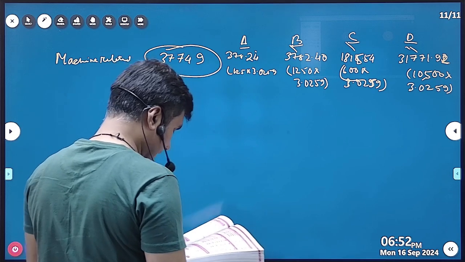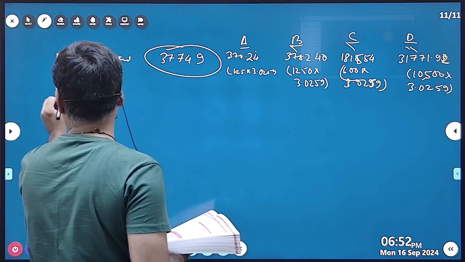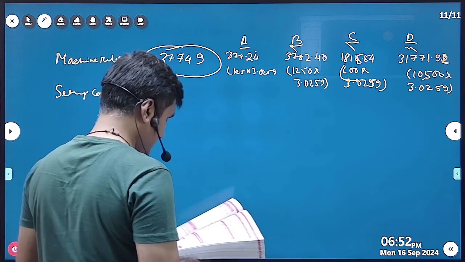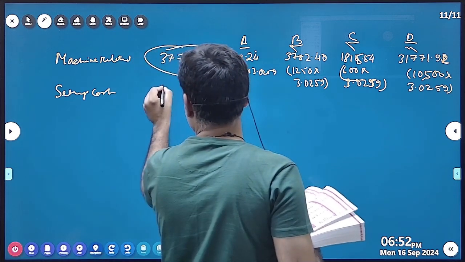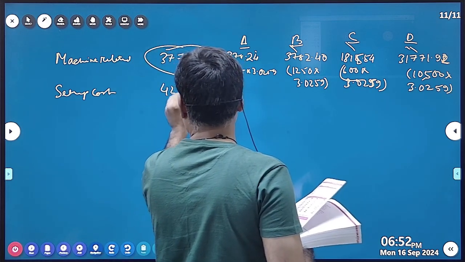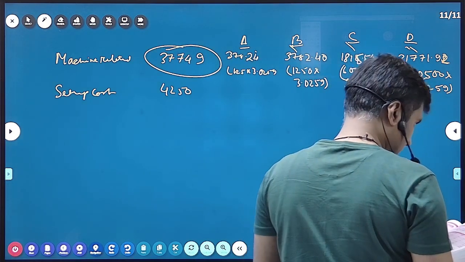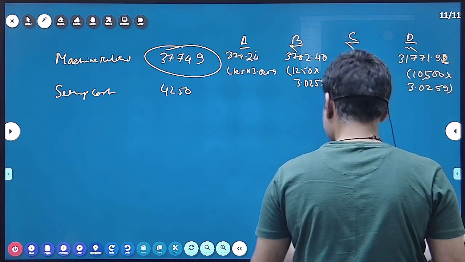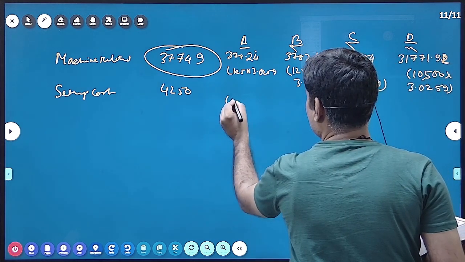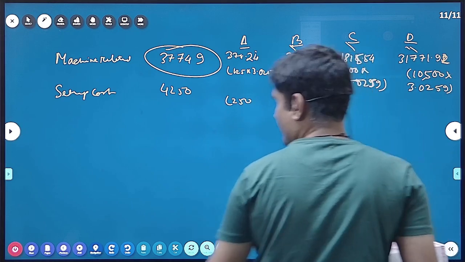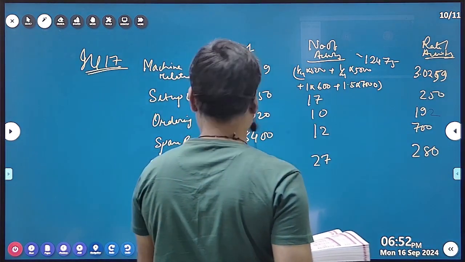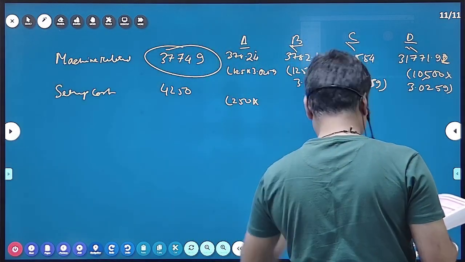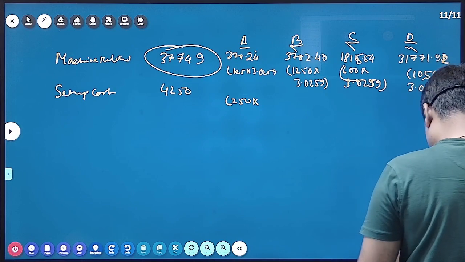Then we will go to setup cost. Setup cost, how much? 4250. Rate was how much for setup cost? 250. Number of setups 1.